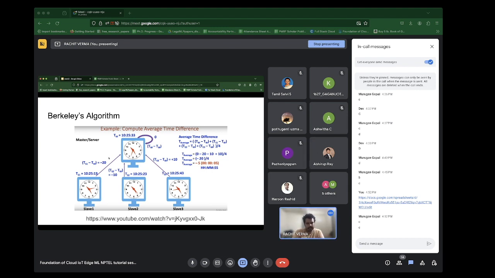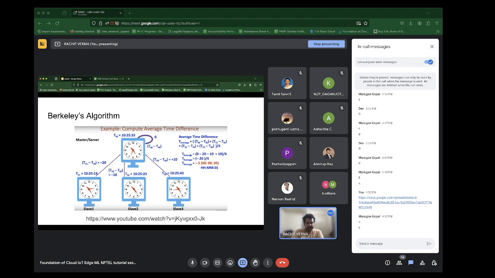So what has happened in sir's slide is, again, TM, TS1, TS2, TS3. He has added these up and averaged it out by 4, and that will give you the time at the server. But what we have done over here is we have taken the difference between each TS and TM and divided it all by 4.